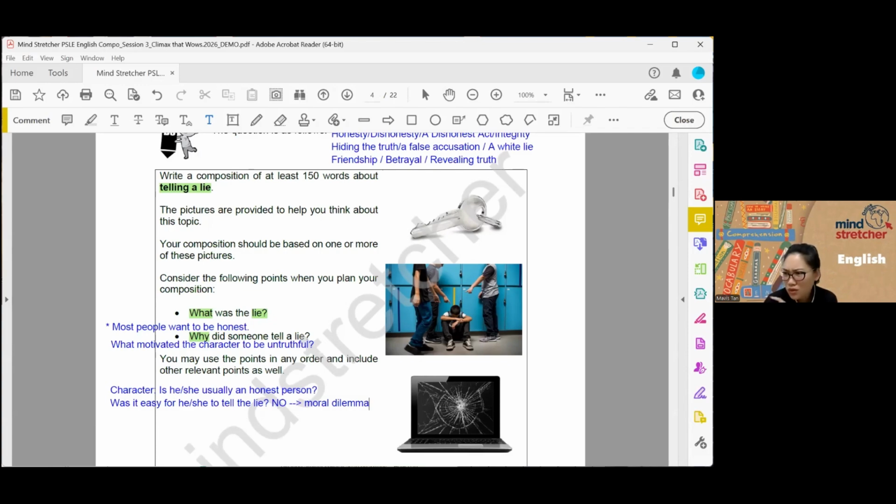Say, no, I'm an honest person. It's not easy for me to lie. I feel guilty, but I had to. Maybe there was a moral dilemma involved. Okay? If you say, yes, it's easy for this person to tell a lie, again, this is related to the characterization. What did this person do to scheme and to plan and to harm? That's a very different kind of character. Okay, but today we're going to look at moral dilemmas. So assume that it wasn't easy for your character to tell a lie.